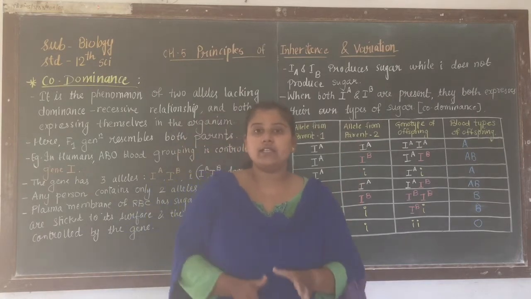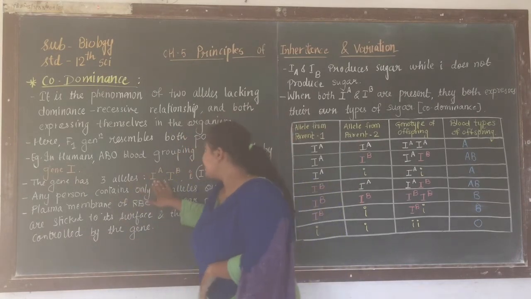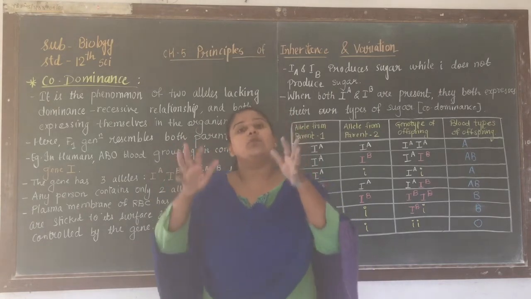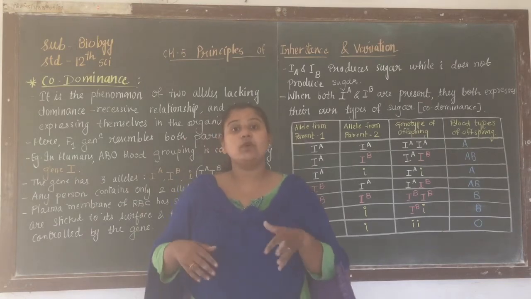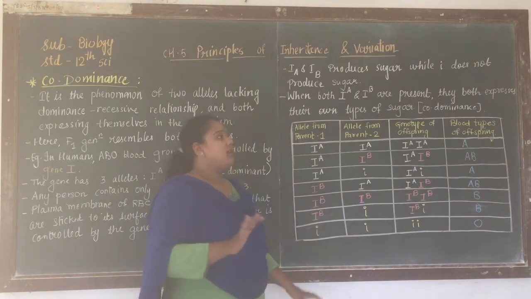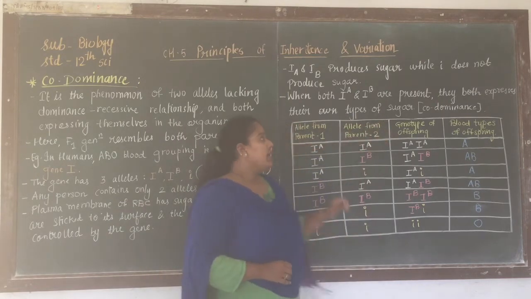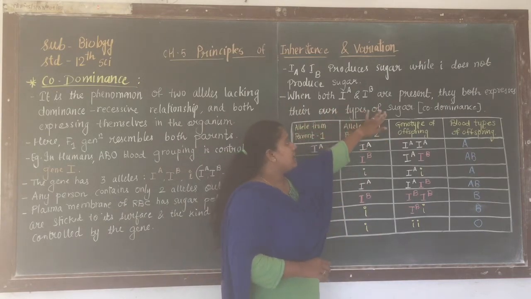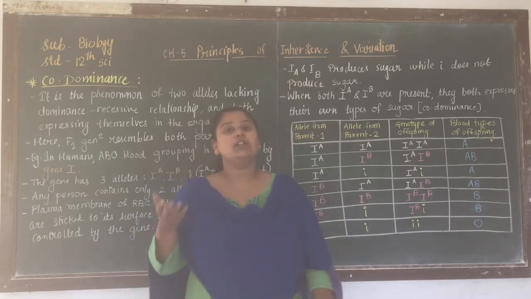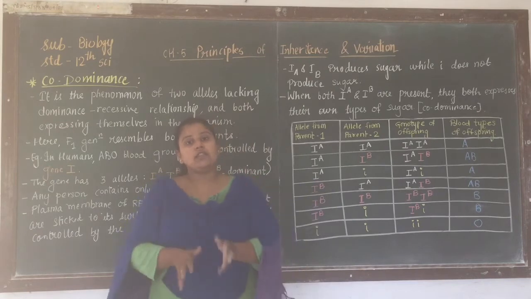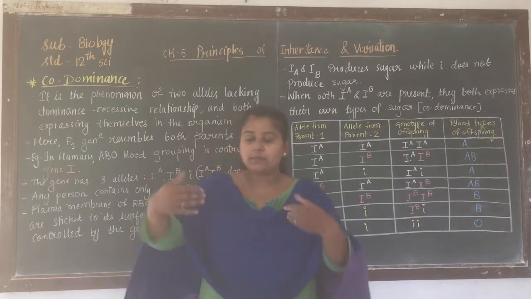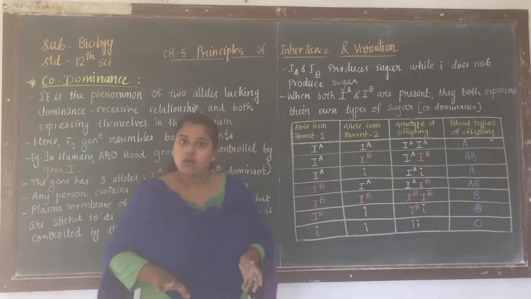Now if a person is having capital IA as well as capital IB, that is codominance. That means along with the next one, they both express themselves in a particular organism.